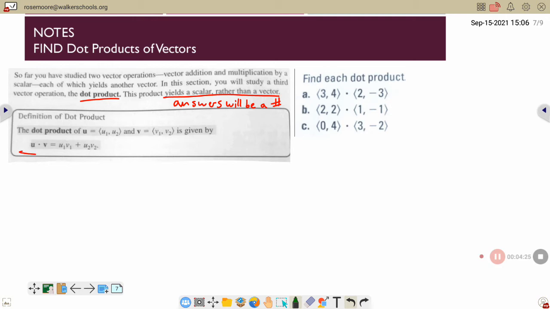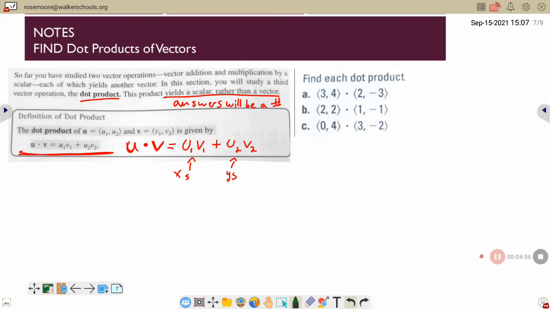So here is the formula right here. It looks like this. It's U, representing the vector U, dot, that's the name of the process, U dot V. And what you do is you say your U1 times your V1, those are x's, and you're going to add it to your U2 times your V2, that's your y's.